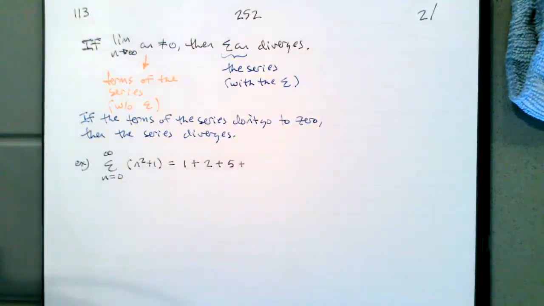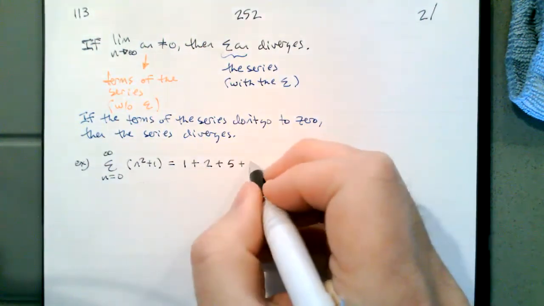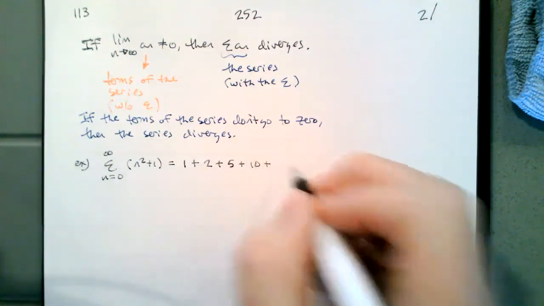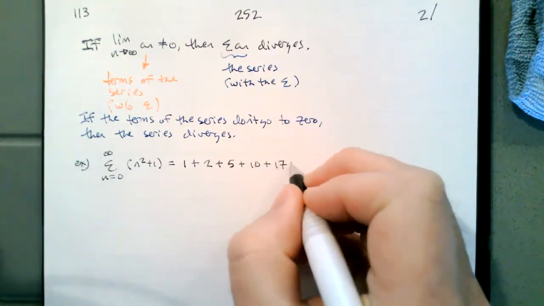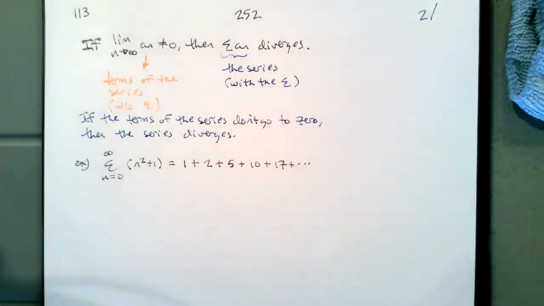We can see that this is going to make an infinite sum. We can see that the series diverges. To justify that, we would say that the limit of the terms is not 0.